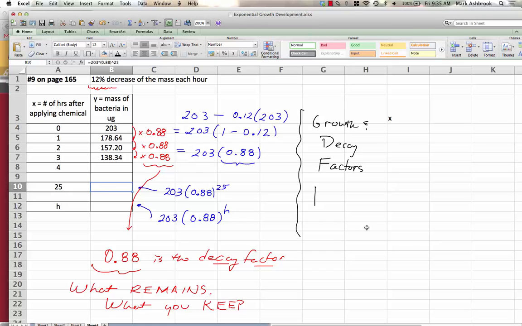We add a percent. If it's decay, we subtract. So we can think of this as the percent change. And when r is negative, we have decay, because it would be 1 minus the amount of decrease.